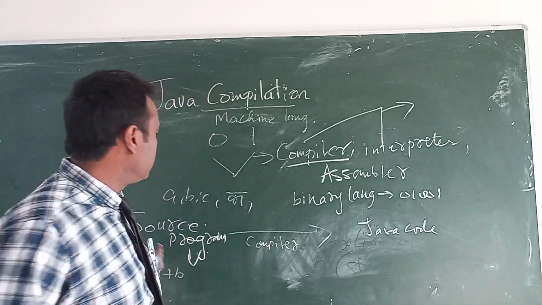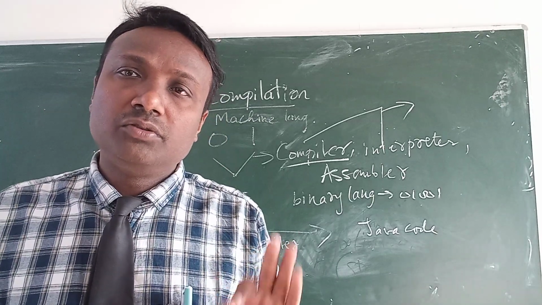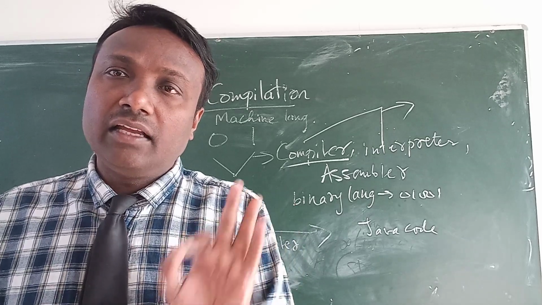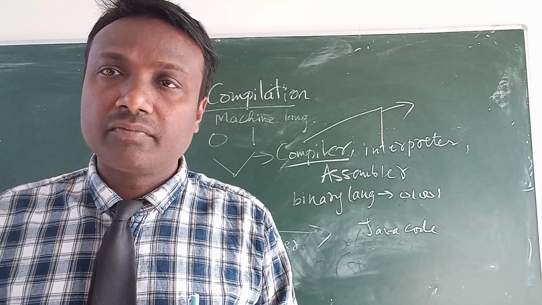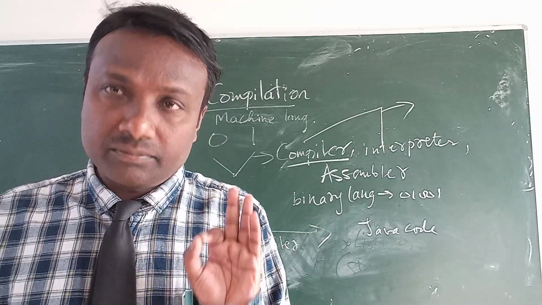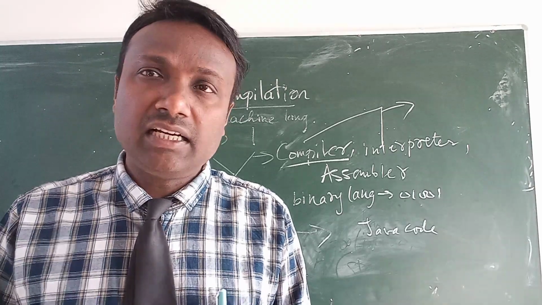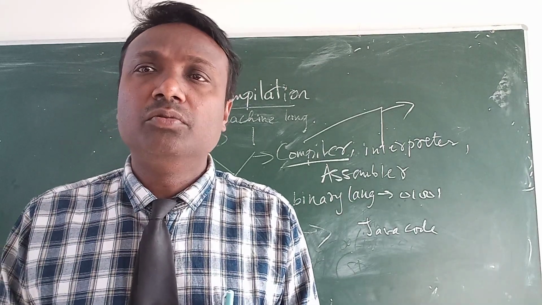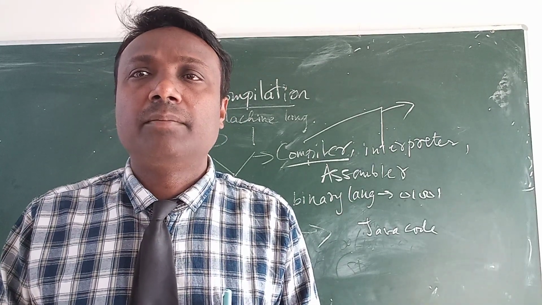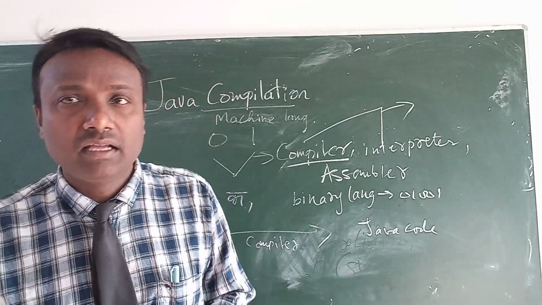Now, what is the Java compilation process? Source code, your program, is converted into Java bytecode. Earlier, the assembler or interpreter used to translate your source program into machine code, which depends upon the particular operating system.